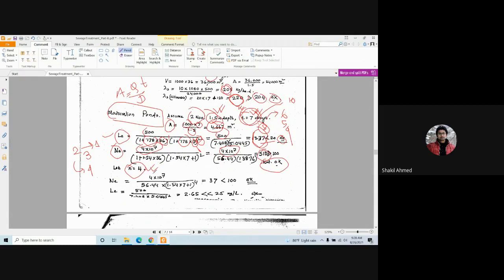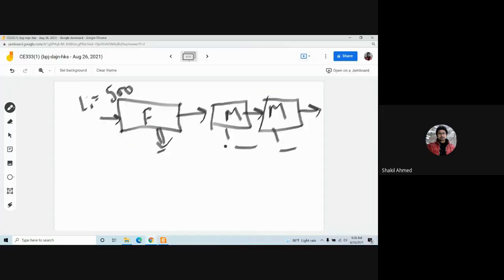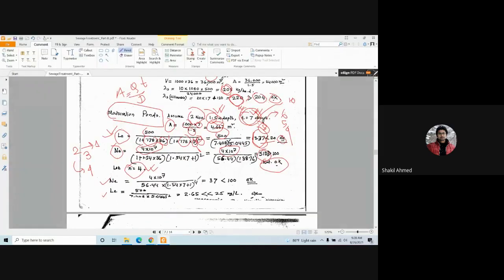But for your case, since you are new in this area, you should increase one by one. And you calculate LE and NE again. How many ponds do you have? Maturation and then another maturation. So 1, 2, 3, 4. So this is 4. Clear?